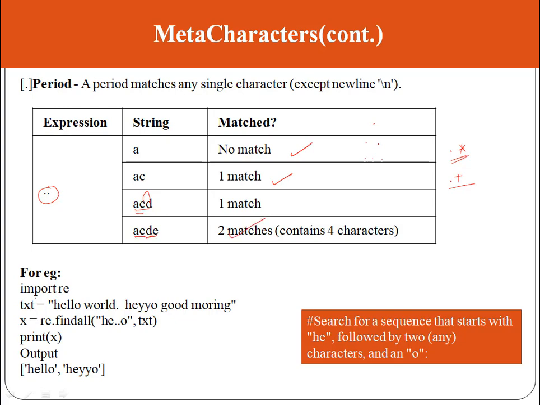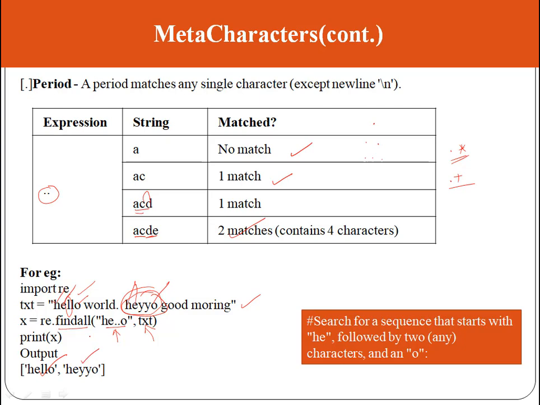So how can this be used in programming? Import re, this is the text string, and you are finding all the matches. You provide a pattern, and this is the string to be searched. Here you can find he, then any two characters, and then o. Hello is found, and this comes in the output. Then he, two characters in between, and o, so this will also come in your search.